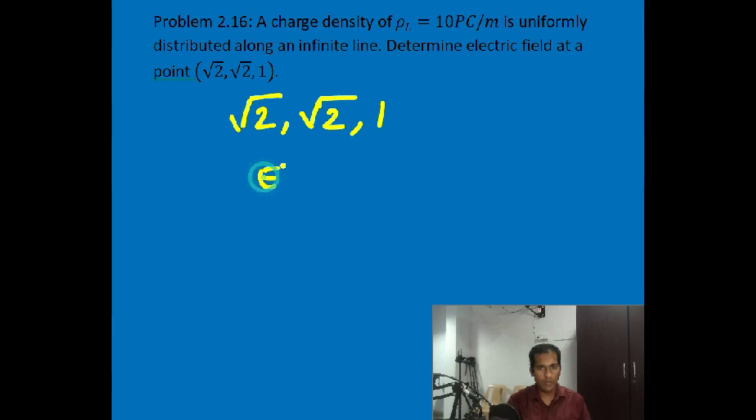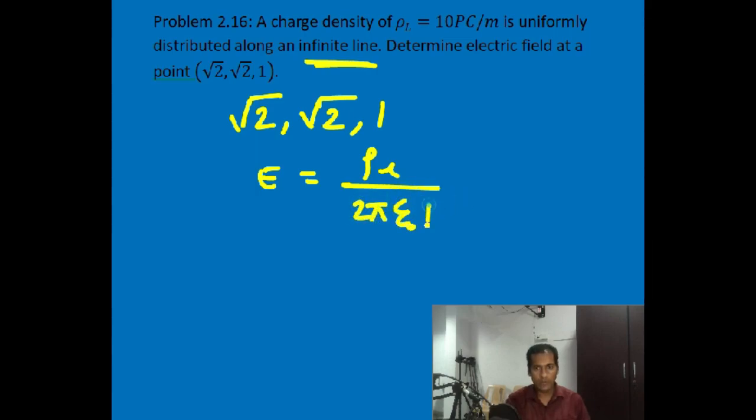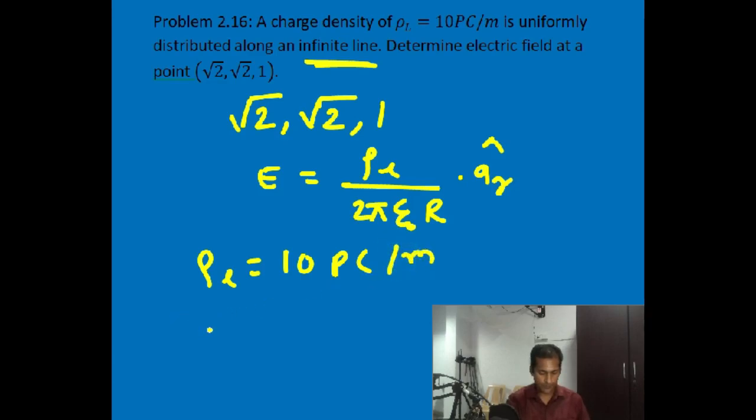And what is the value of E here? This is an infinite line charge, so we have to use the equation of the infinite line here. E is rho L by 2 pi epsilon naught r into AR cap, where rho L is given as 10 picocoulomb per meter. For the cylindrical coordinate system, r will be given by square root of x square plus y square.